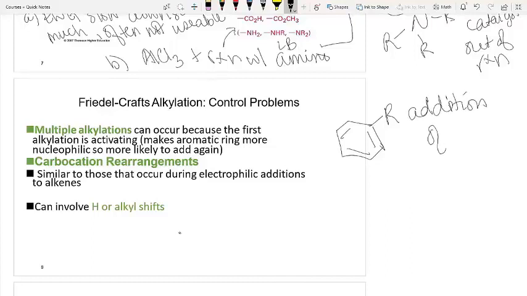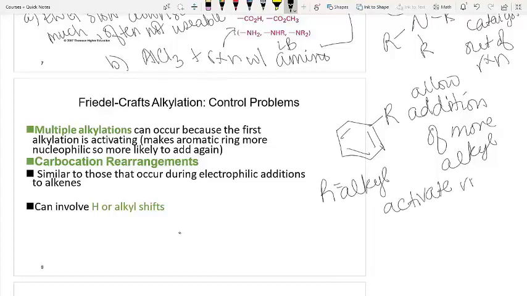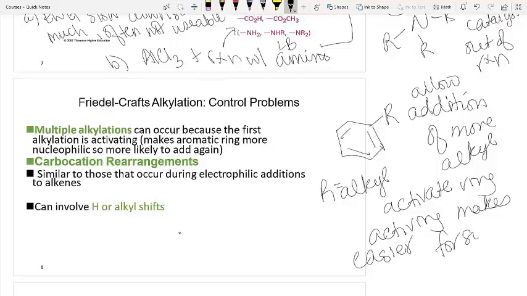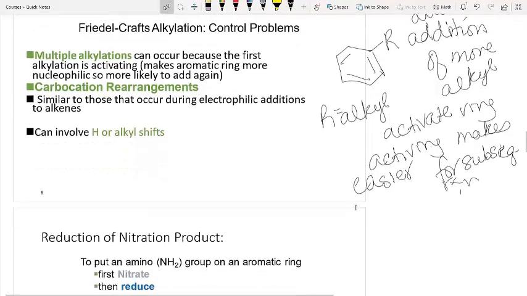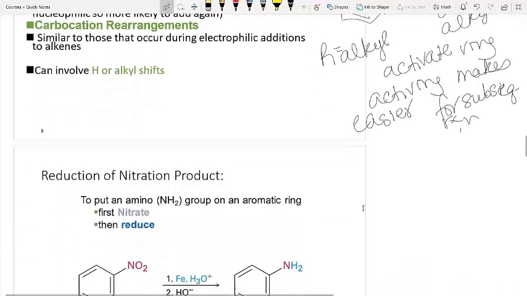And so by addition of alkyl groups, you're going to allow more alkyl groups to be added onto your ring. Our second issue associated with control problems is rearrangement. It is an issue, but it's something that we've already experienced before, so it's not really a new thing for us. It is more the fact that whenever you see a carbocation, think of rearrangement. By making the ring more reactive, you're going to make it easier for each subsequent addition to happen.